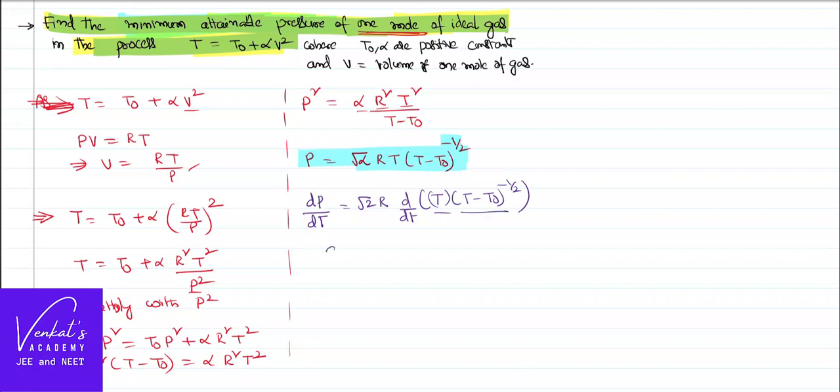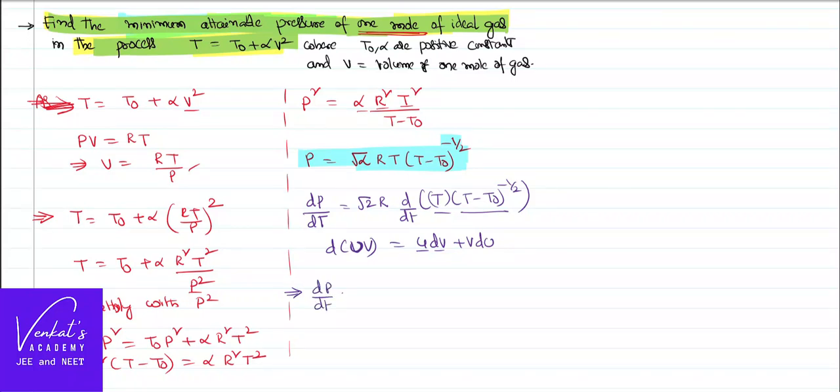This is the differentiation of a UV formula. Differentiation of UV is U into differentiation of V plus V into differentiation of U. One term has to be kept constant and the other term has to be differentiated and vice versa. Let us do that.